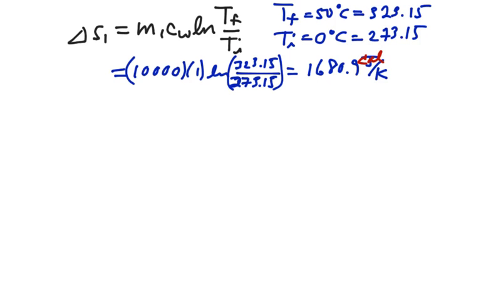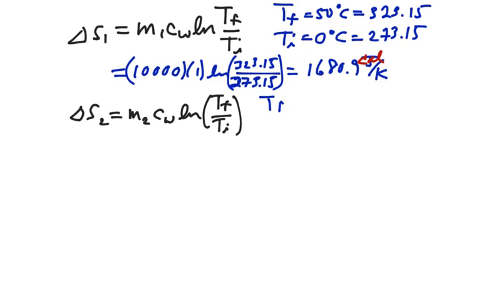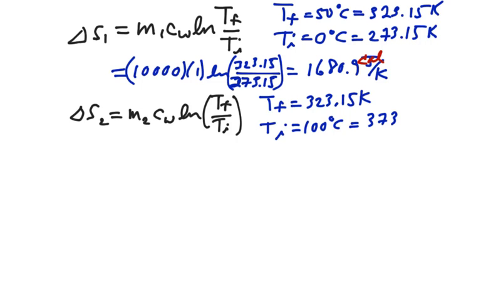All right, for our delta S2, that's going to be mass 2, specific heat of water, natural log of our T final over our T initial. For this one, T final is again 323.15 Kelvin. Wish I had put the K up here. And our initial is 100 degrees Celsius, so that's going to be 373.15 Kelvin.